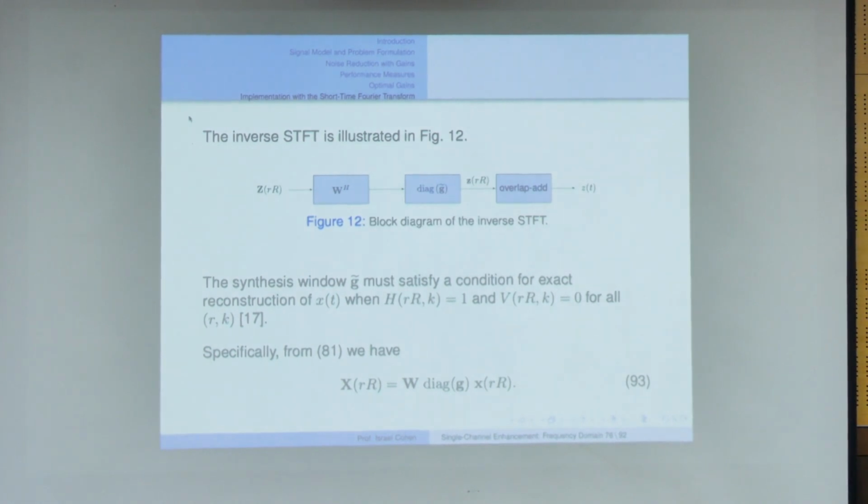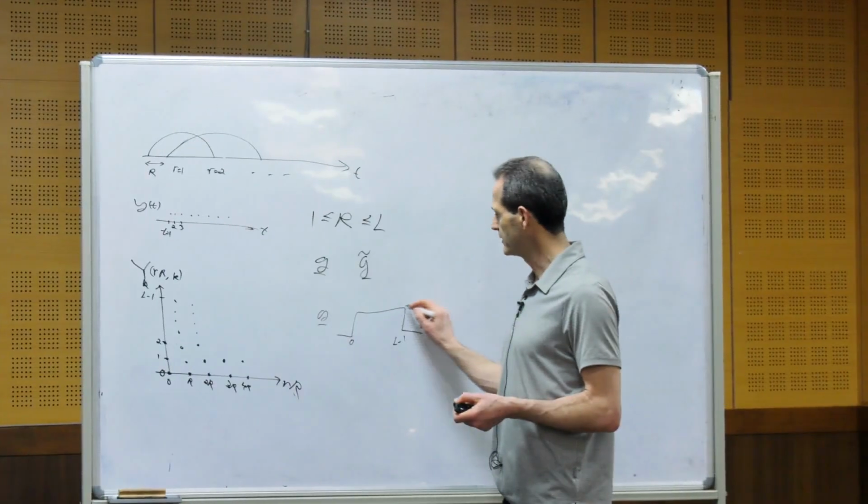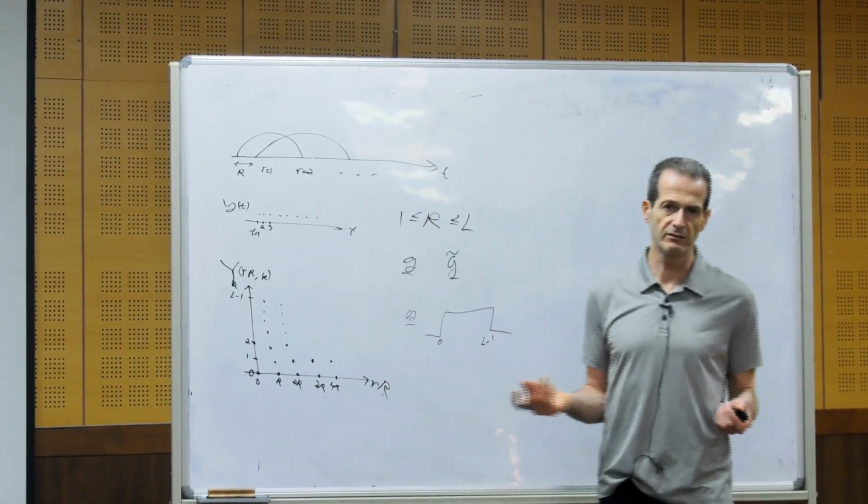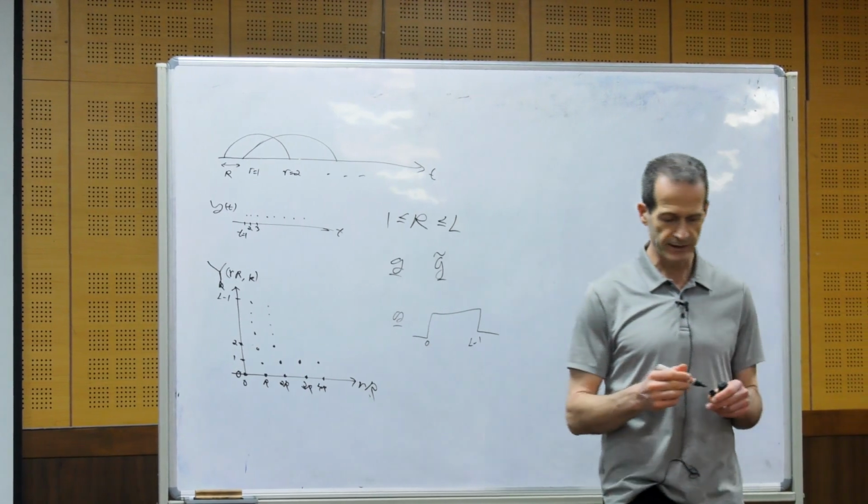Sometimes people who are not familiar with STFT choose the analysis window, they don't do windowing, which is equivalent to choosing G like this. They just take samples from 0 to L minus 1, so they take a rectangular window, which is equivalent. So they don't multiply with any window.